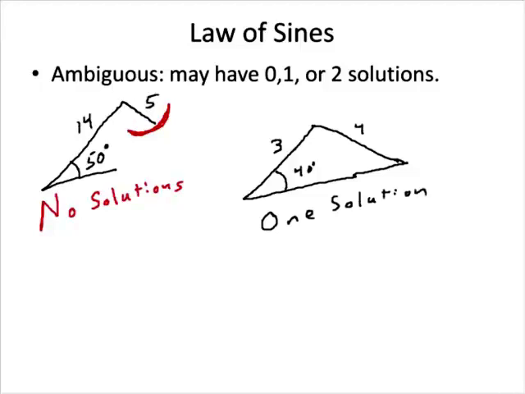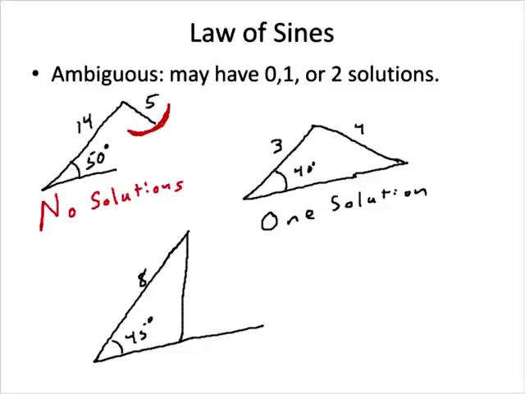And there's an even trickier one. It goes like this. What if I am given an angle, say 45 degrees. Given a side, a nice long side here, maybe length 8, and I'm given another side, length 6.